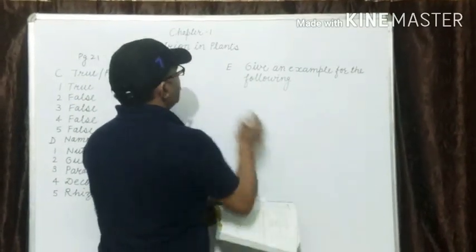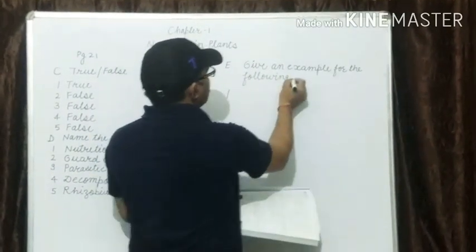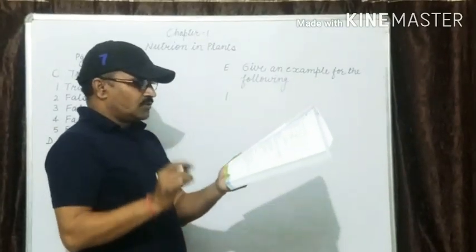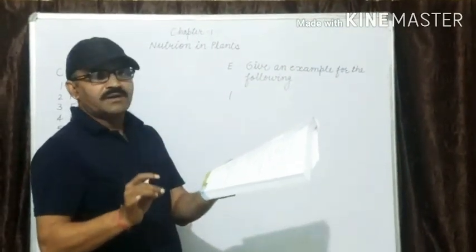Number 1, an autotroph that is not a plant.